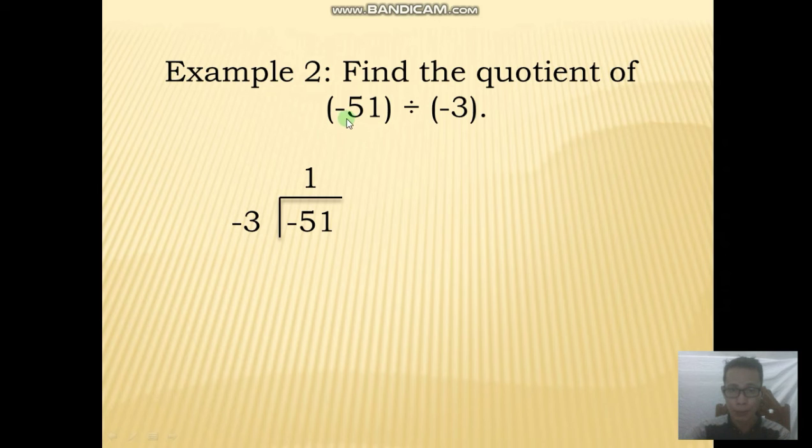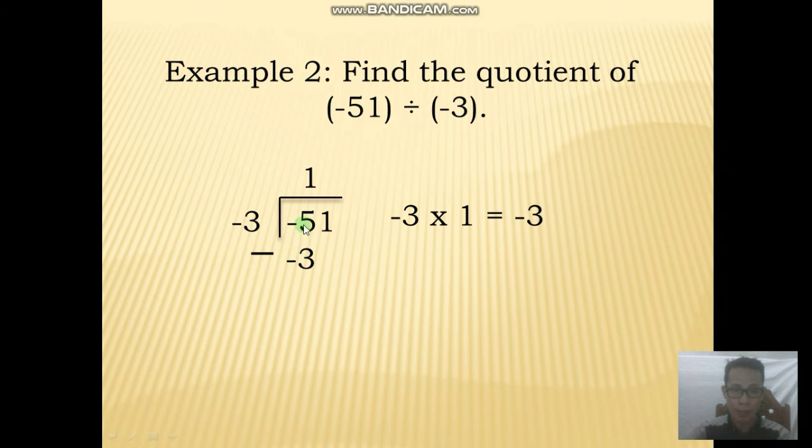Again, both numbers are negative, so yung quotient natin dito is positive, rule number 1. After doing this, we will multiply negative 3 times 1, and that is negative 3. Lagay natin dito. Then, after multiplying, we will do the subtraction. Since both numbers are negative, we will apply the rule for subtraction of integers, yung KCC na sinasabi.